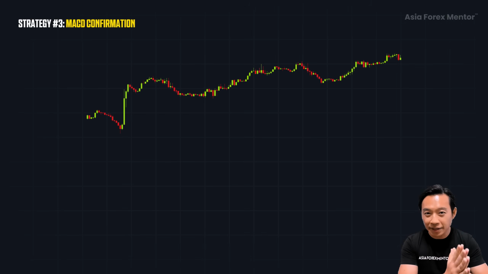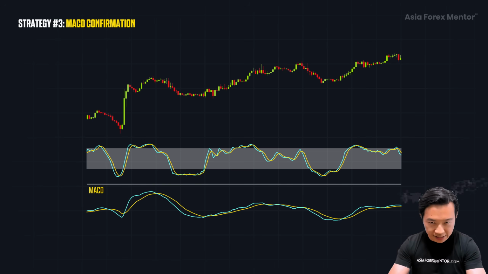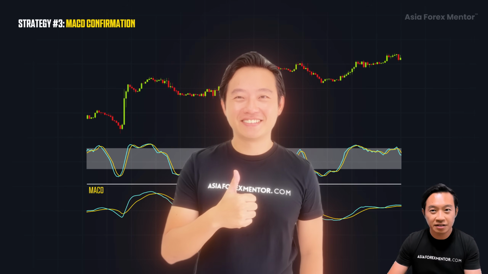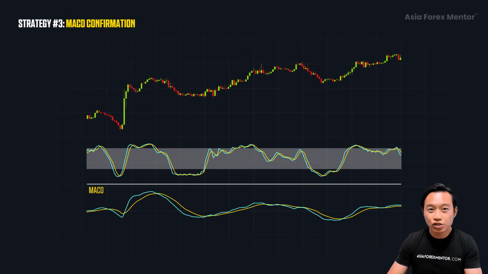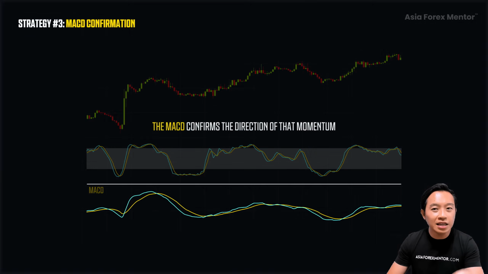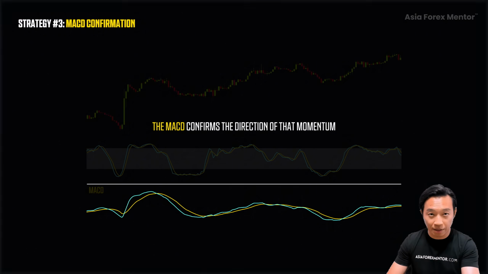When you combine the stochastic oscillator and the MACD, you're not guessing anymore. You are now verifying the trade setup itself. Each one plays a different role. The stochastic identifies what? Momentum shift. The MACD confirms the direction of that momentum.